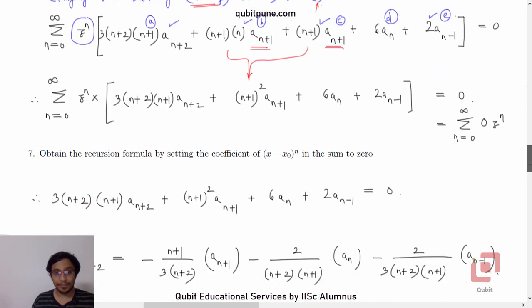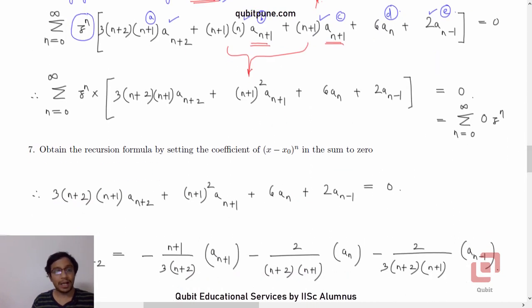Okay, so this is what we get now. We are now required to take this particular expression involving the coefficients and n and equate it to 0. So if we do that, then we'll get what we call the recurrence formula or the recursion relation, by setting the coefficient of x minus x naught in the sum to 0.